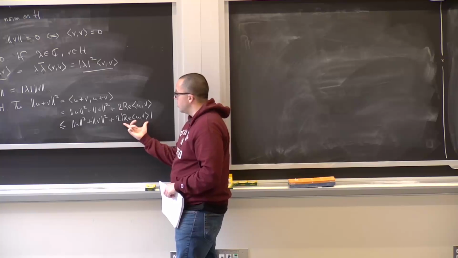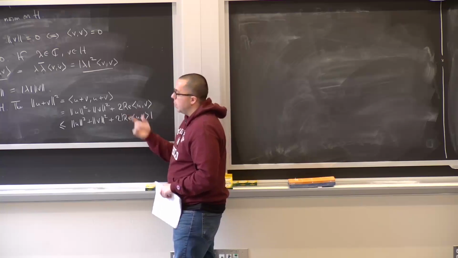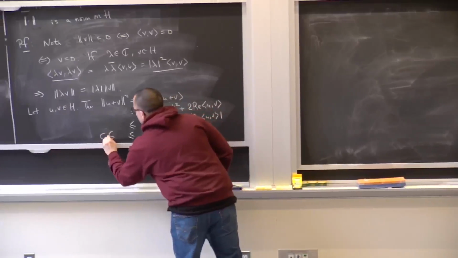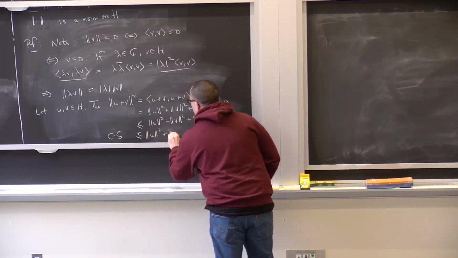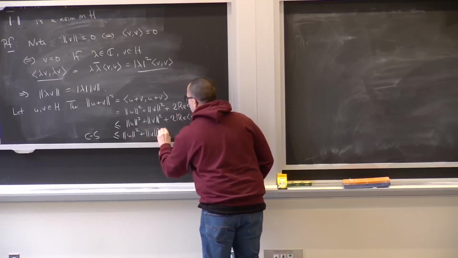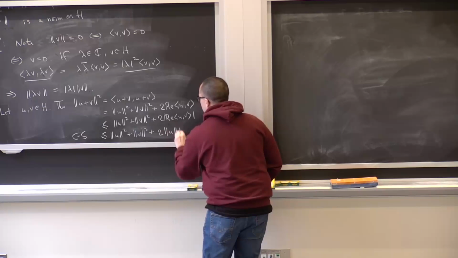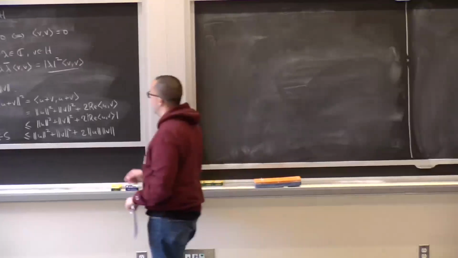So this is less than or equal to 2 times the absolute value of the inner product of U and V. And by Cauchy-Schwarz, that is less than or equal to 2 times the norm of U times the norm of V.